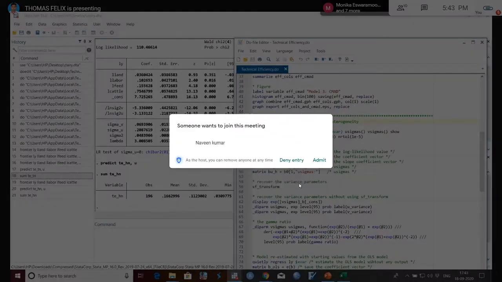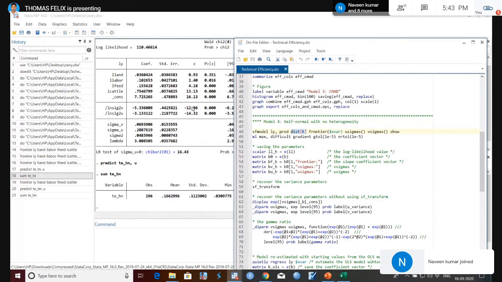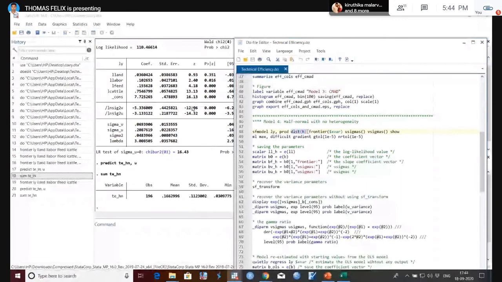I need to set the dependent variable. PROD is the production function. DIST is the distribution, that is, what the distribution is. H is the half normal distribution, so because I am using the half normal distribution, I am using distribution H. Under frontier, I am giving the input variables. Using these, I can derive the half normal distribution.